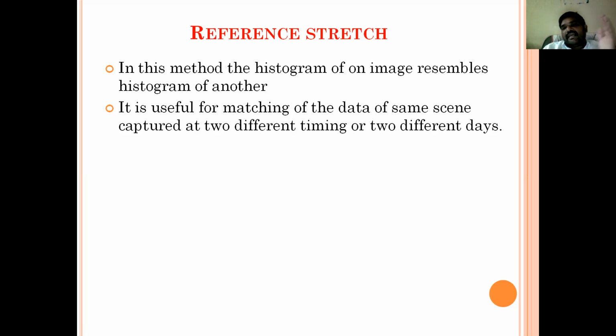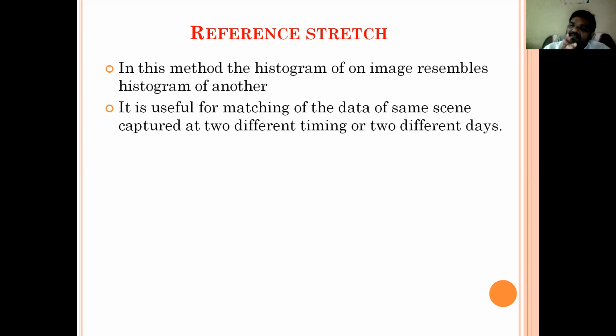The histogram of one image is stretched, or modified, so that it resembles the histogram of another image.